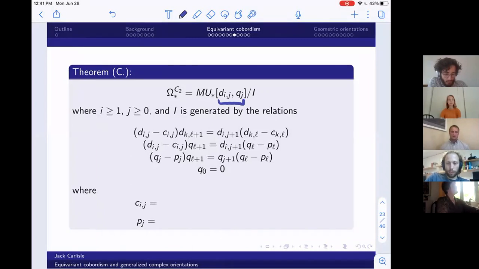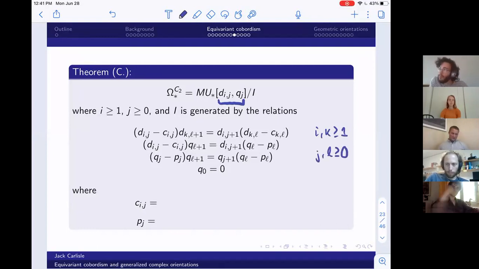It happens to be polynomial. But our presentation ends up referring to some other elements in the non-equivariant cobordism ring, which are defined, as I mentioned, in terms of formal group law theoretic data. So here are our generators, here are our relations, where I guess the indices go like this.